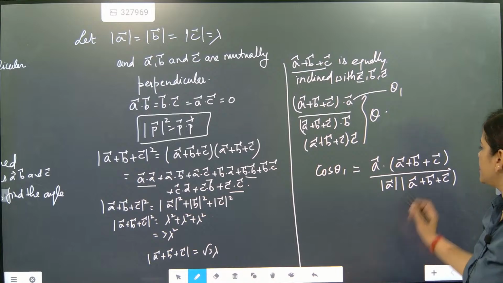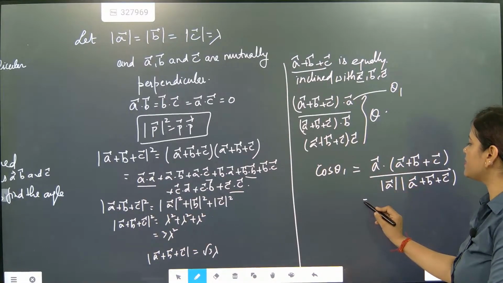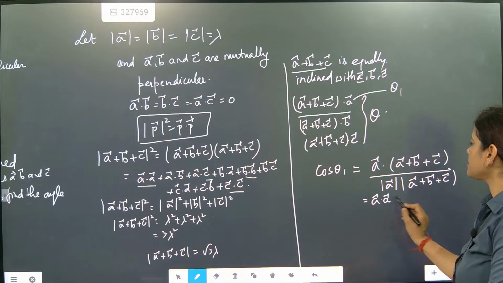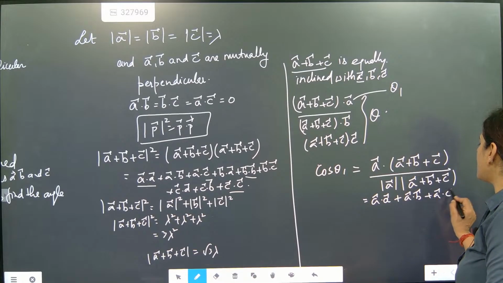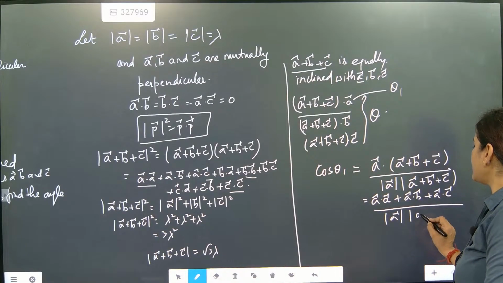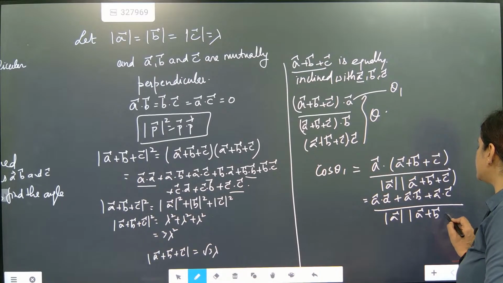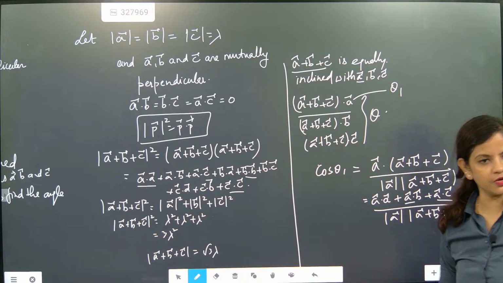Can you tell me one thing? This part will become A vector dot A vector plus A vector dot B vector plus A vector dot C vector, by magnitude of A vector, by this plus this plus this. So beta, these two will become 0.